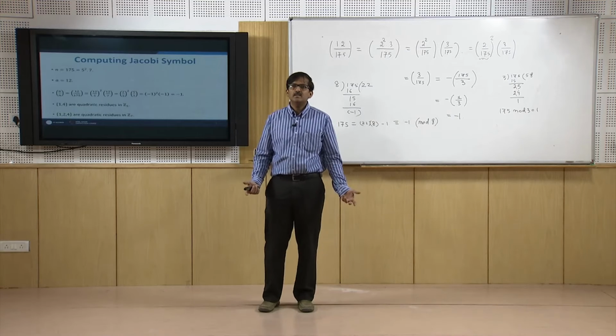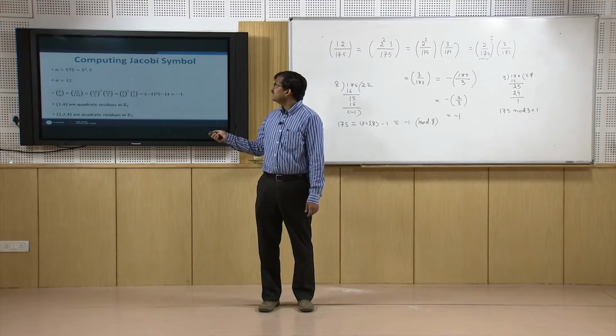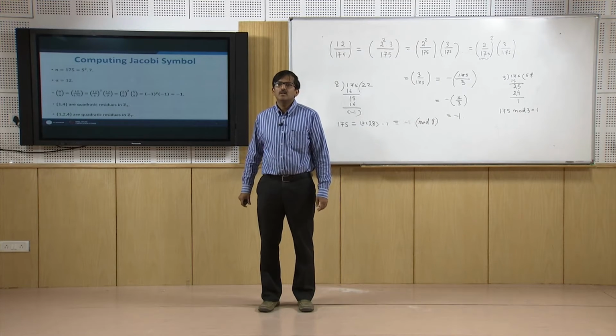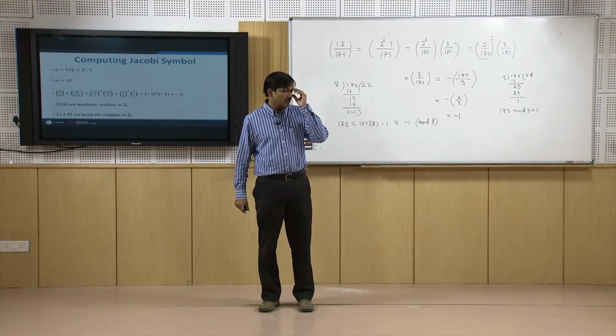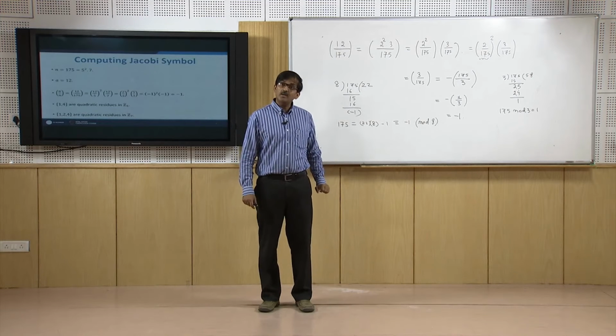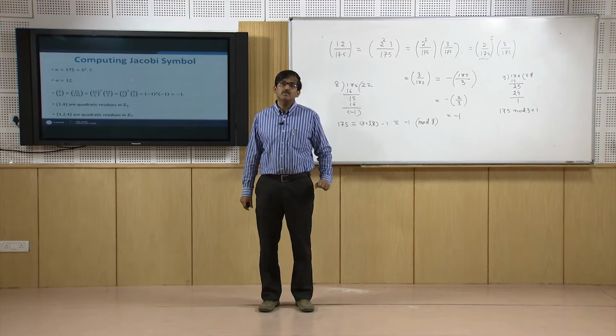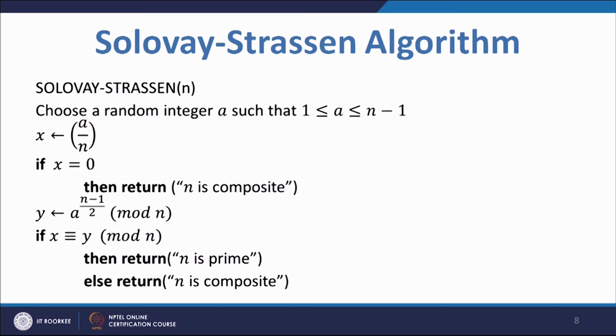The difference is that in this calculation I needed the factorization of 175 and I do not need it in whatever I have done afterwards by using the properties of Jacobi symbol. Now we come to Solovay-Strassen algorithm, and let us go stepwise first, and then we will try to understand or try to get a feeling that why it works.